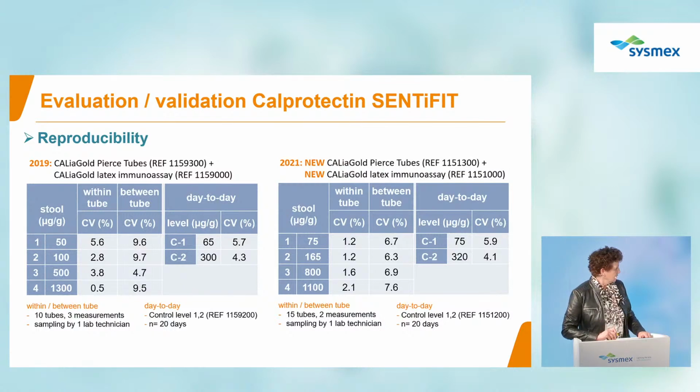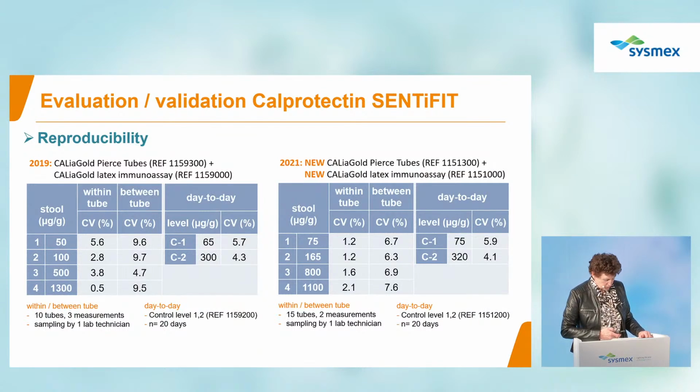When we looked at the reproducibility within the tube, you can see in the old one, I can point it out here, that we have different concentrations. You can see that we have a percentage of variation within 6%, which is quite good.